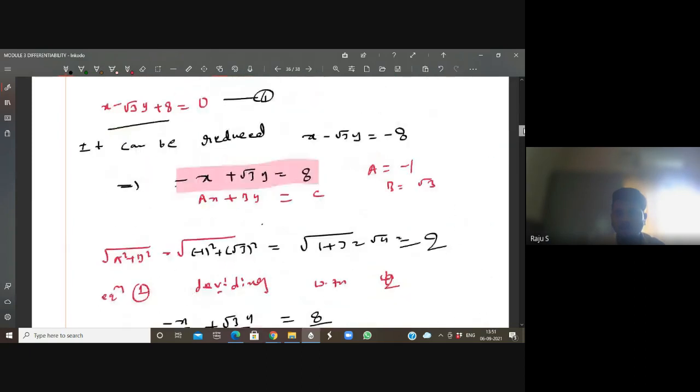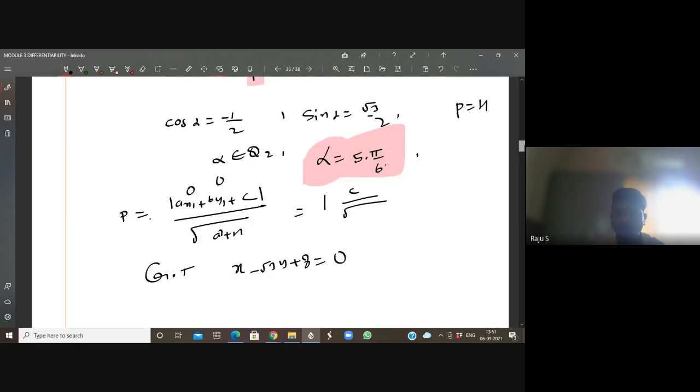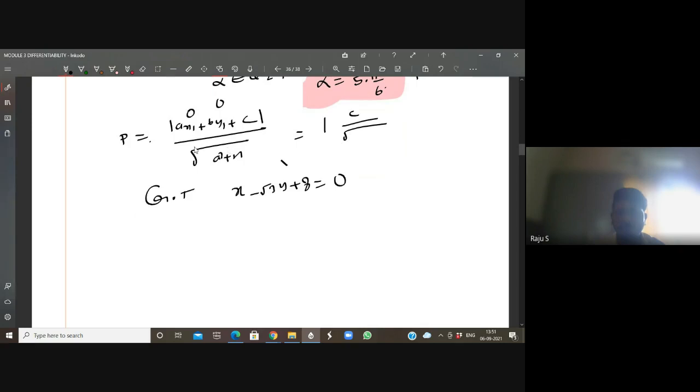Look here, the given question is x minus root 3y. The perpendicular distance formula I have written now. What is the perpendicular distance? Substitute here 0. So this is equal to 0 minus root 3 into 0 plus 8 by root over a square plus b square.